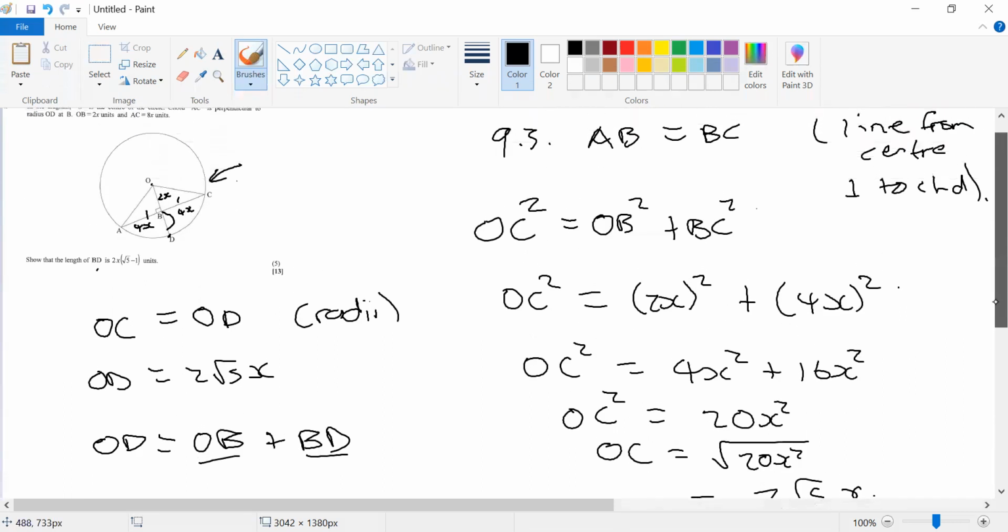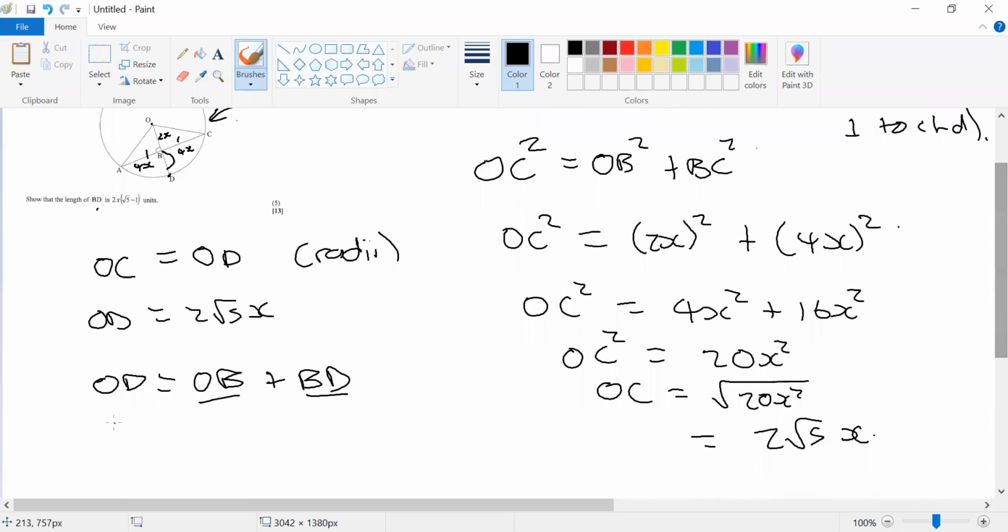And now if I start substituting what I do know, I know that OD is equal to 2 root 5x, and that's equal to OB, which is 2x plus BD.